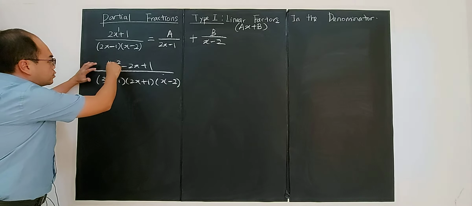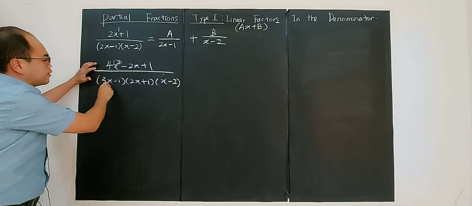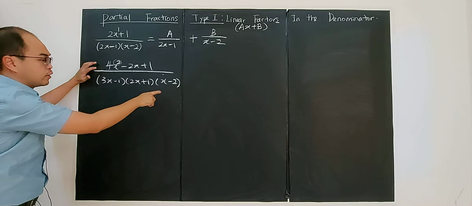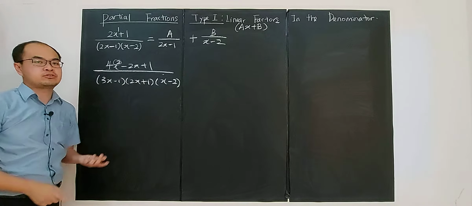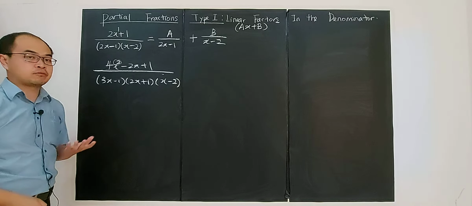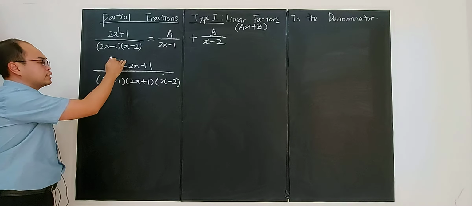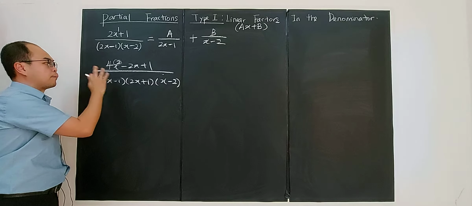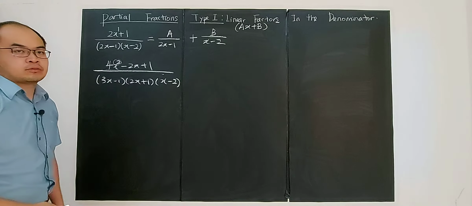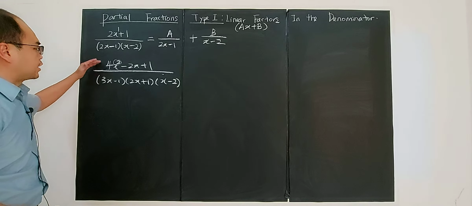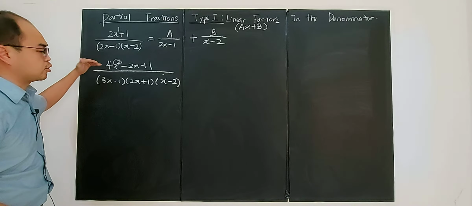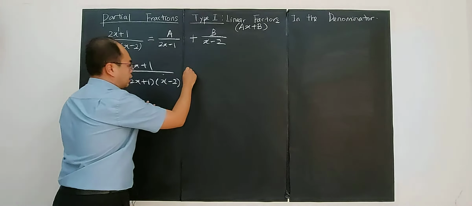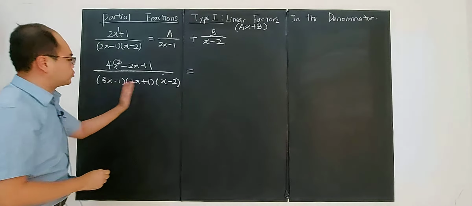Because on top you have a square. If you expand the 3 brackets, you get a polynomial of degree 3, a cubic. So the degree on top is less than the degree on the denominator. So this is called a proper fraction for a rational polynomial function.